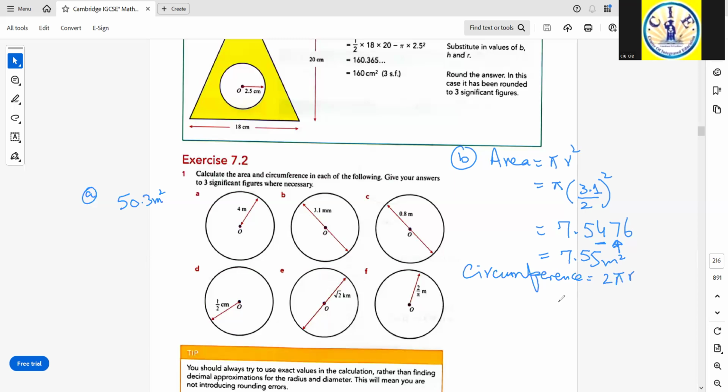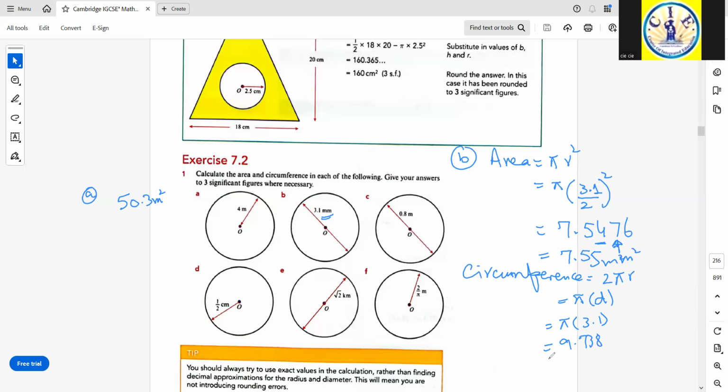Okay. Now for the circumference, 2 pi r, or we can use pi times d in this case. Pi times 3.1. This has to be in millimeters because in this case the unit is millimeter. So pi times 3.1 will give us the answer, which is 9.738937226.